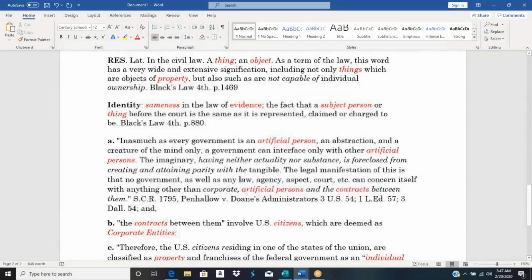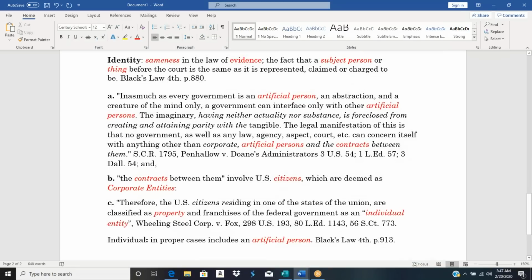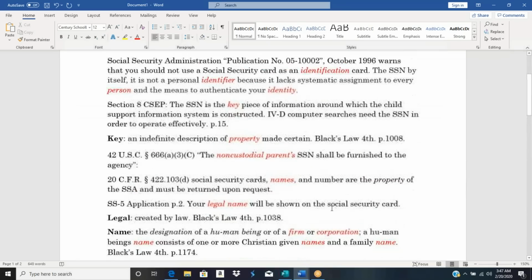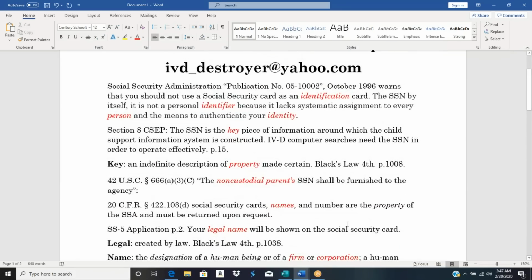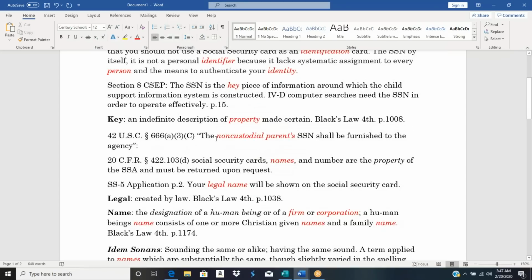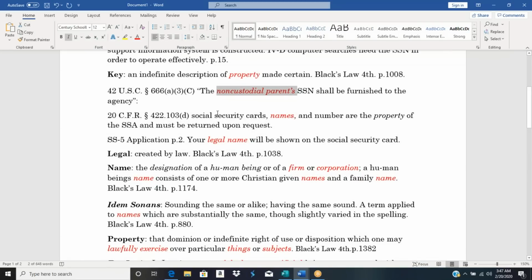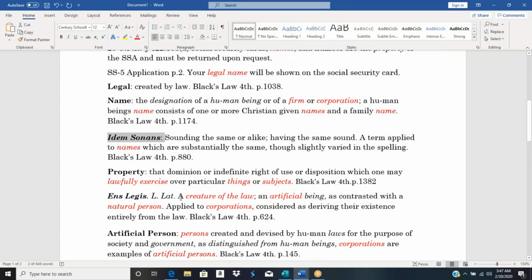Now, when you get those little bullshit directories from the 4D agency, this is what is happening. They're not mailing that directory to you. They are mailing that directory to the non-custodial payrent, okay, who is identified by a social, who is an ens legis, and they're tricking you through idem sonans, okay?